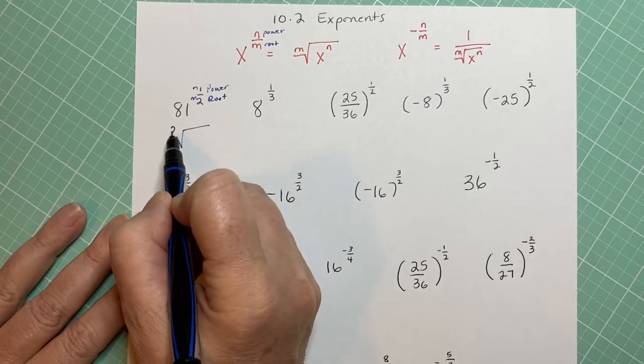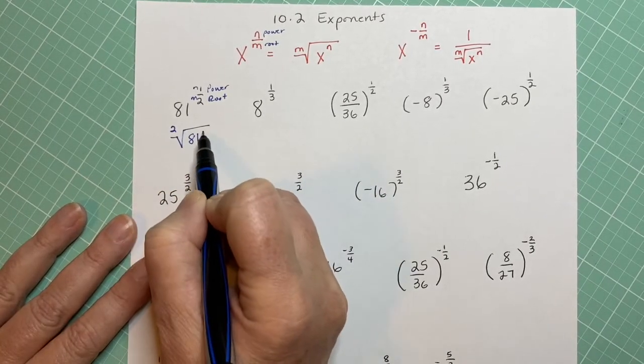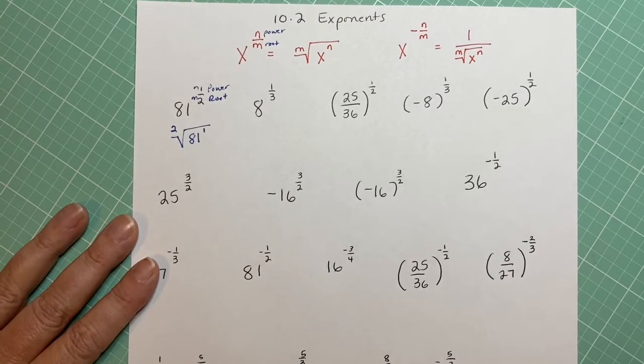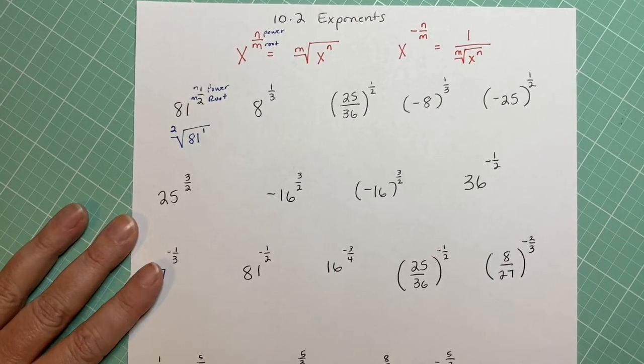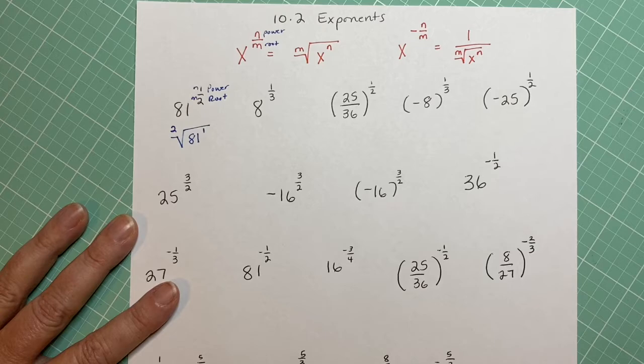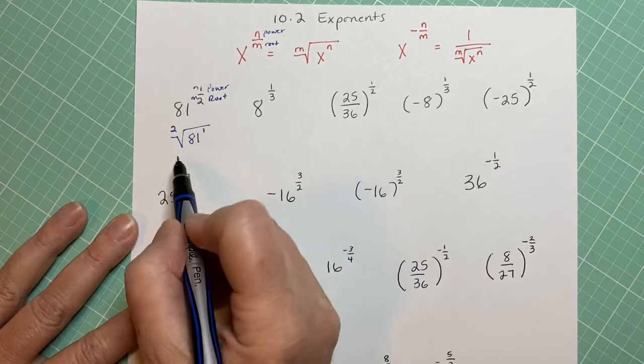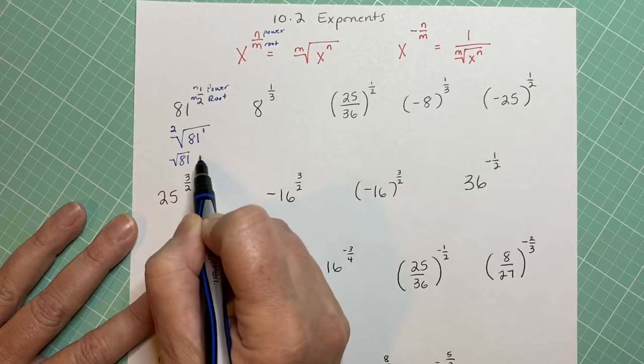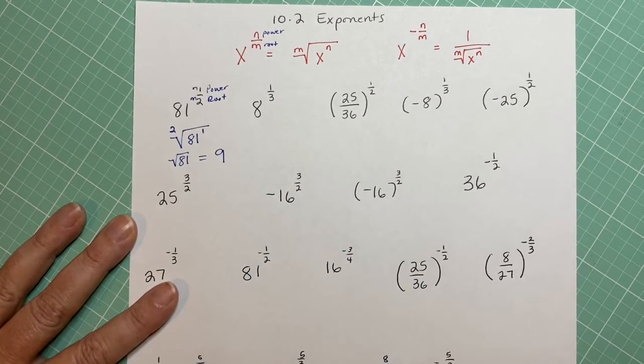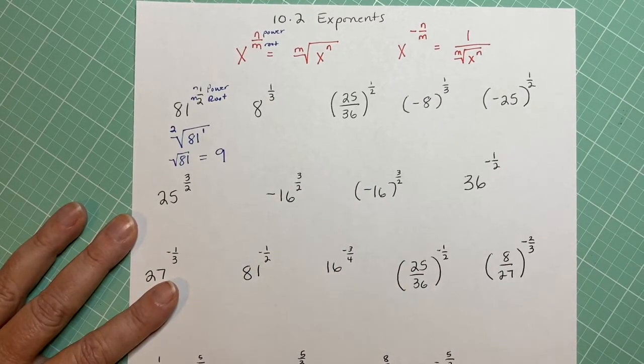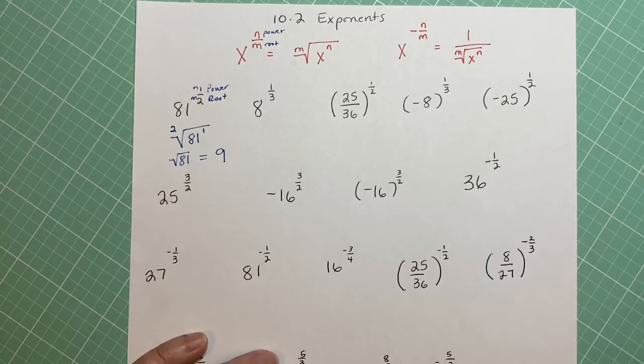So it's going to be the second root of 81 to the first power. Do you see that a fraction of 1/2 is just another way of writing a square root? This is really just saying the square root of 81, which is equal to 9. So when you have an exponent of 1/2, it's just another way of writing a square root.